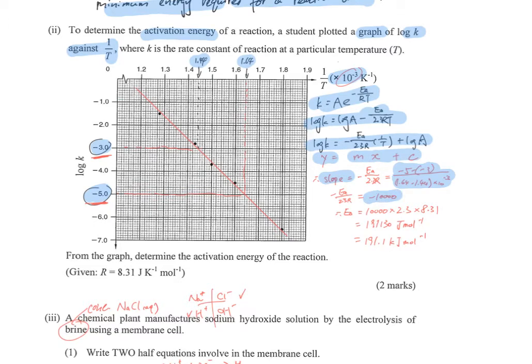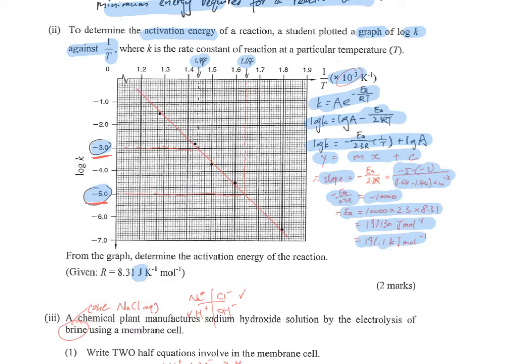This is the slope used for finding Ea. So Ea equals this expression, and it turns out to be 191130 joules per mole, because this R is in joules. If you want to change the unit into kJ per mole, you need to divide by 1000.